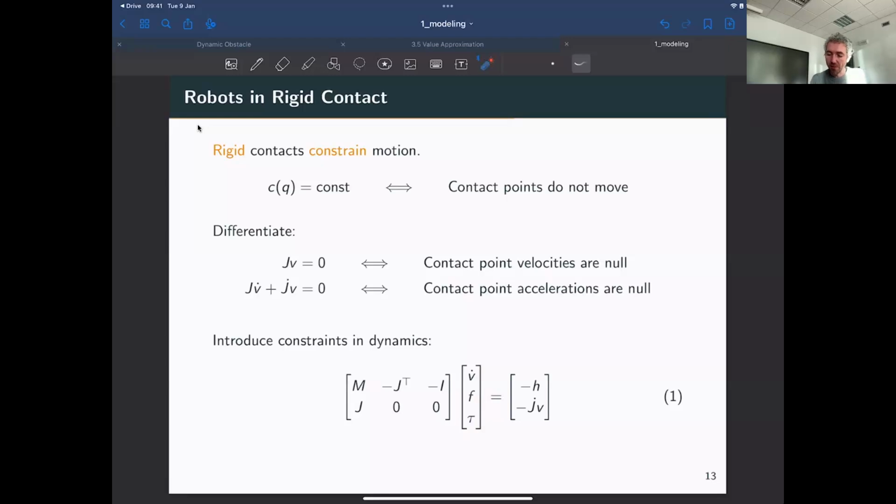So this is linear with respect to these variables, but of course it's non-linear with respect to the state x, because the mass matrix M, the contact Jacobian J, and also this vector here of bias forces H, and this term here, they all depend non-linearly on the state. But we still have a linear dependency on the control inputs, the contact forces, and the joint accelerations, which is not bad.